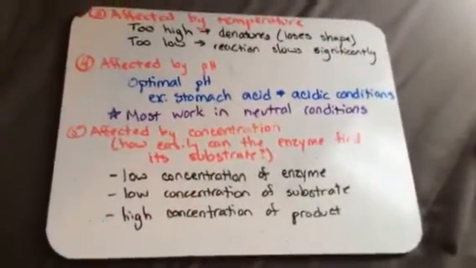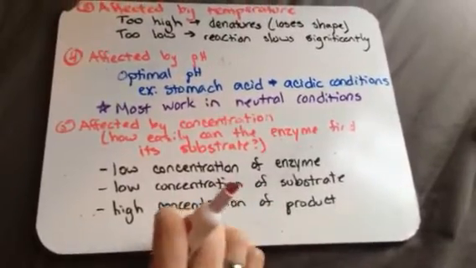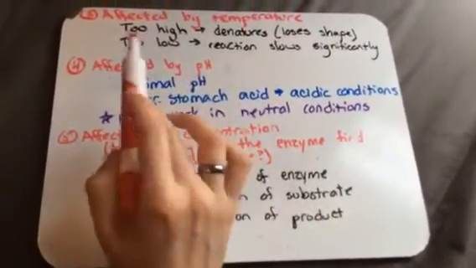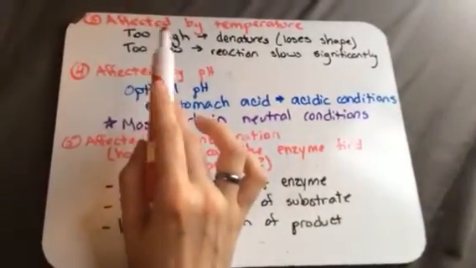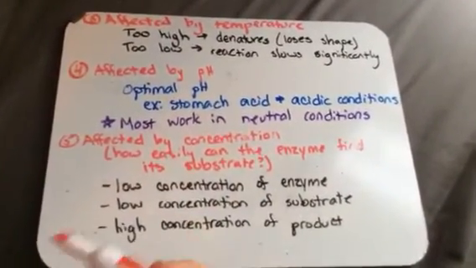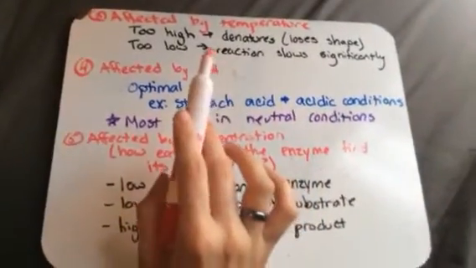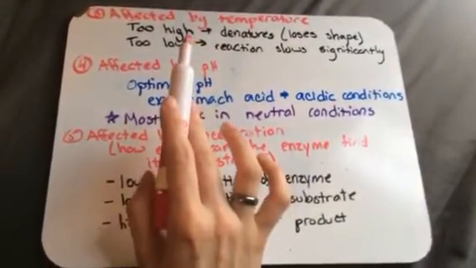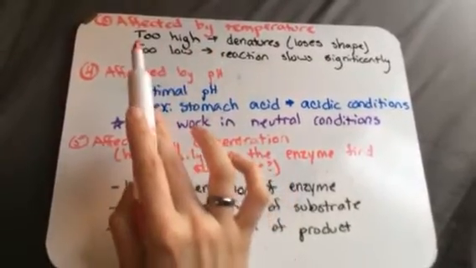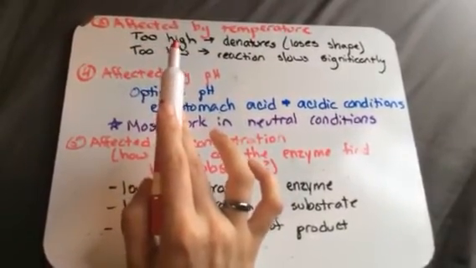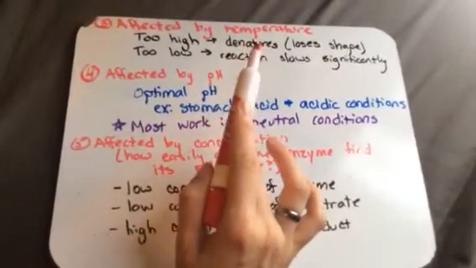All right, the next property of enzymes is that they are affected by temperature. Now, the higher temperatures are good because it speeds up molecules, and the faster an enzyme can get in touch with its substrate, the faster the reaction will occur. However, if the temperature is too high, then the enzyme will denature.